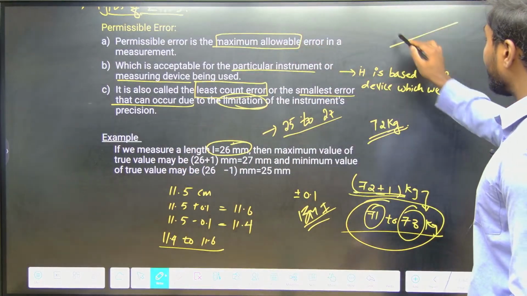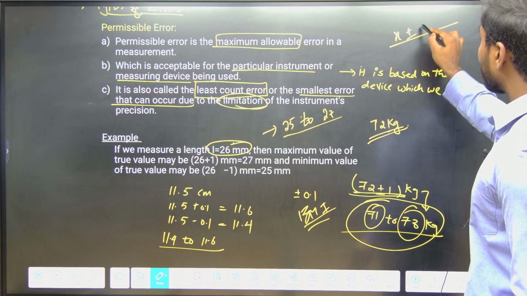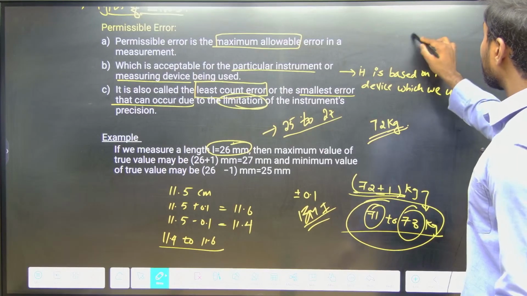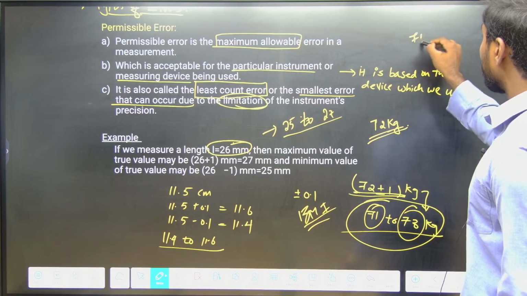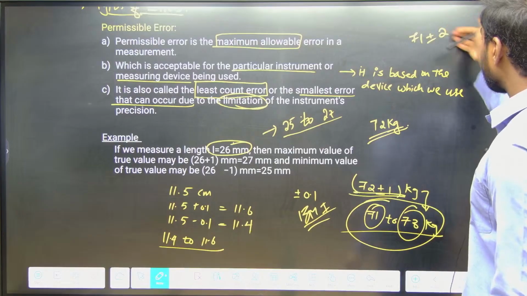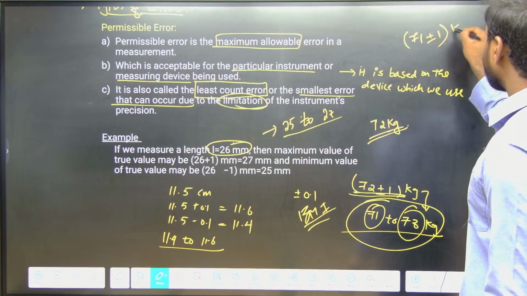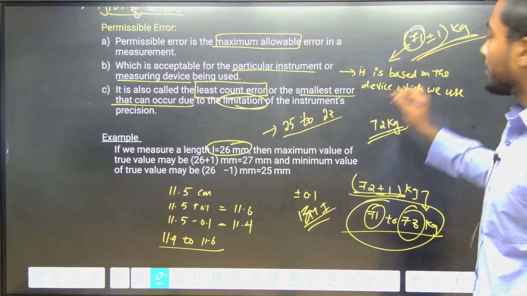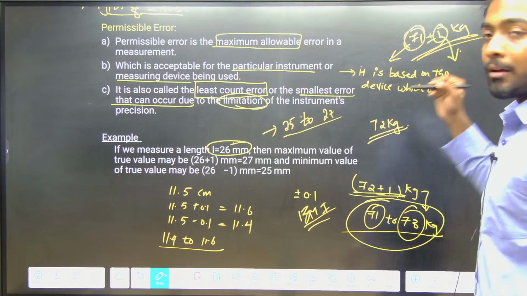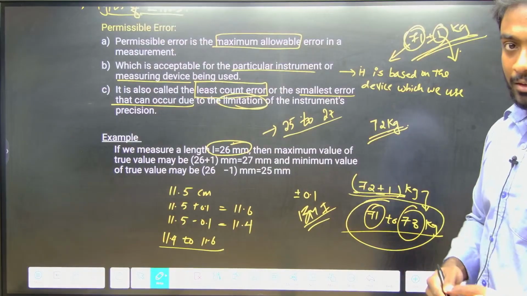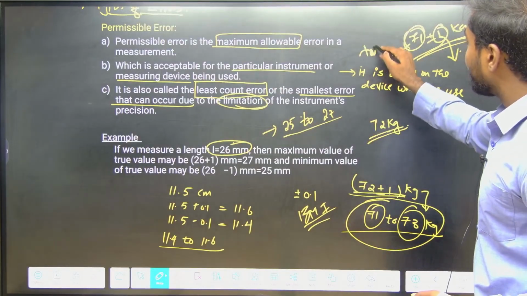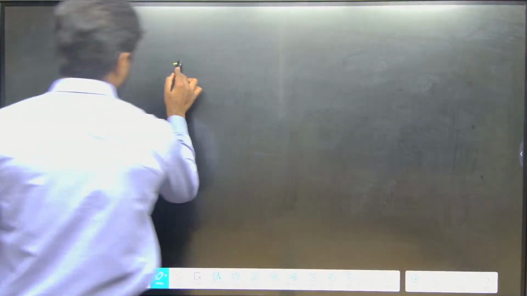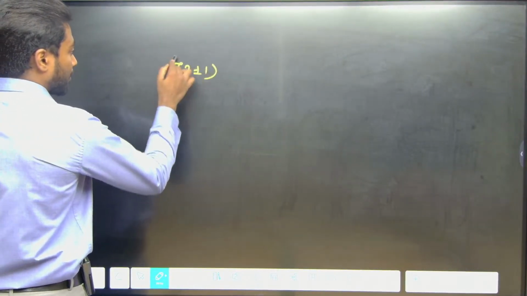At last you will write x plus or minus 0.x like this. For example, we have written 72 plus or minus 1 kg.